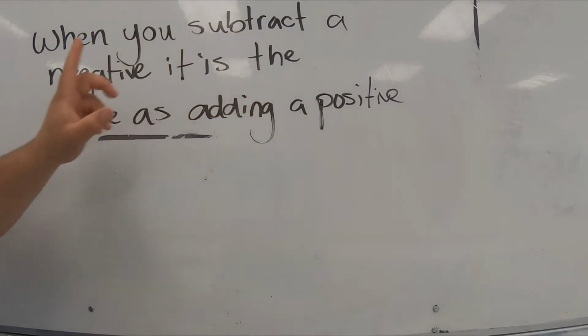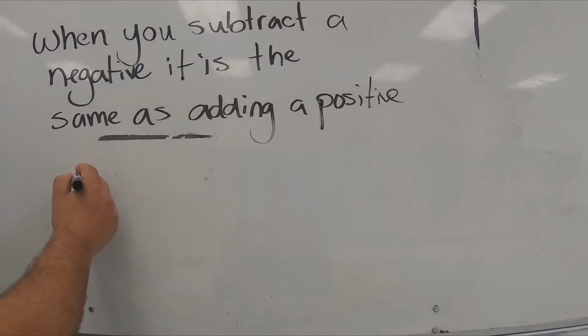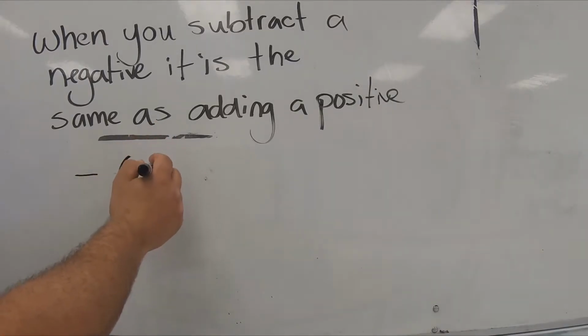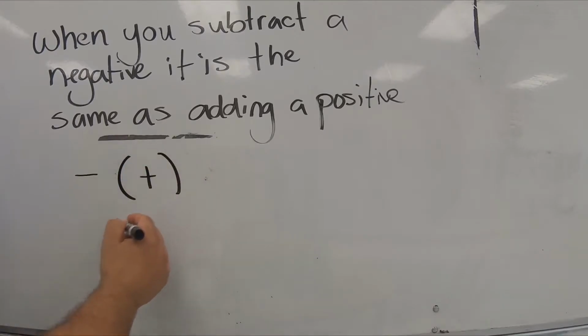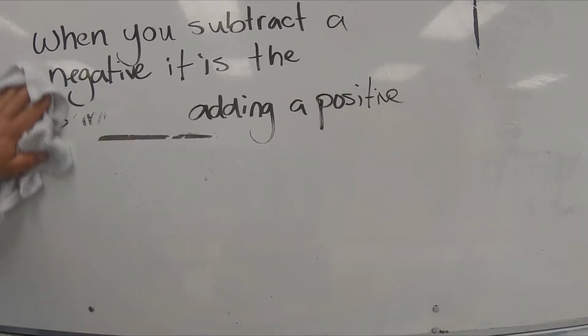When you subtract a positive, it is the same as adding a negative. Okay, so the rule works both ways. So we just call these reversing the operations or changing the operations. And you'll see this in your textbooks quite a bit.